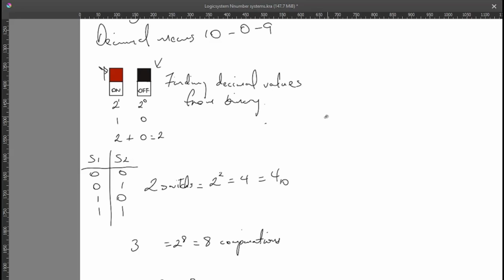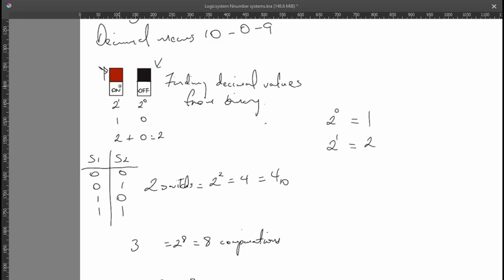Because it's binary, the first switch will be 2 to the 0, which is equal to 1. If you check your indices in maths, you know that. And 2 to the 1 is equal to 2. The switches just keep going on like this, and each switch is a bit. So right now we have 2 bits.